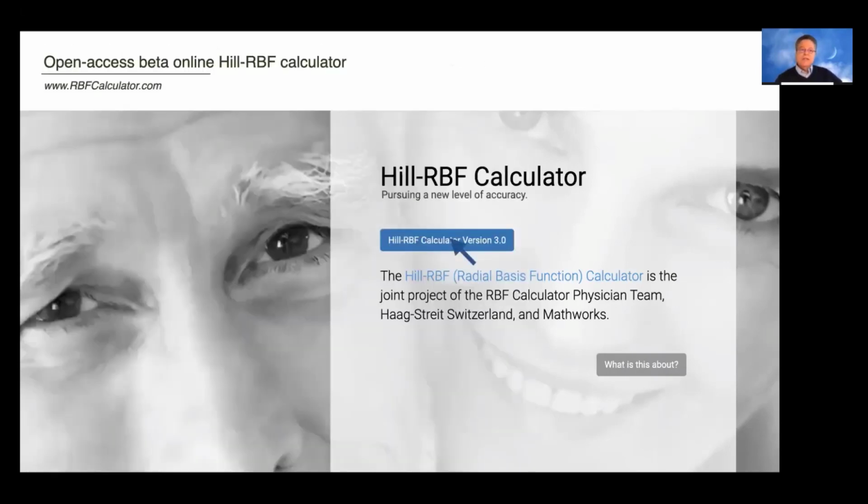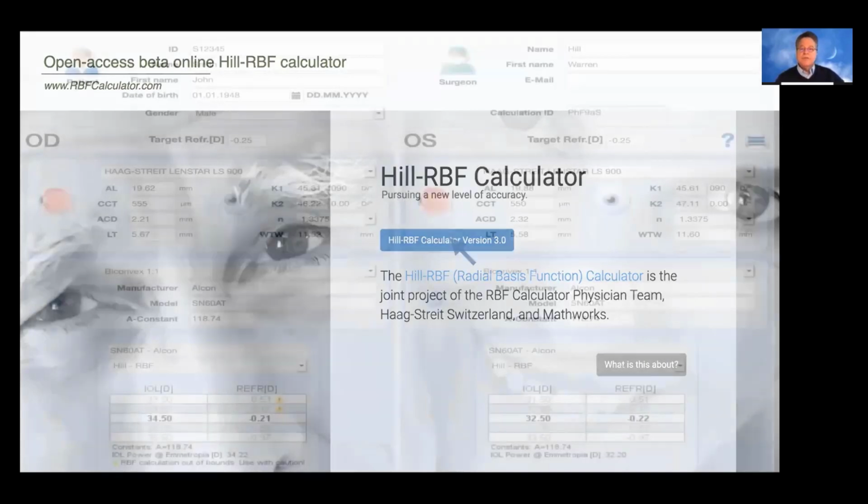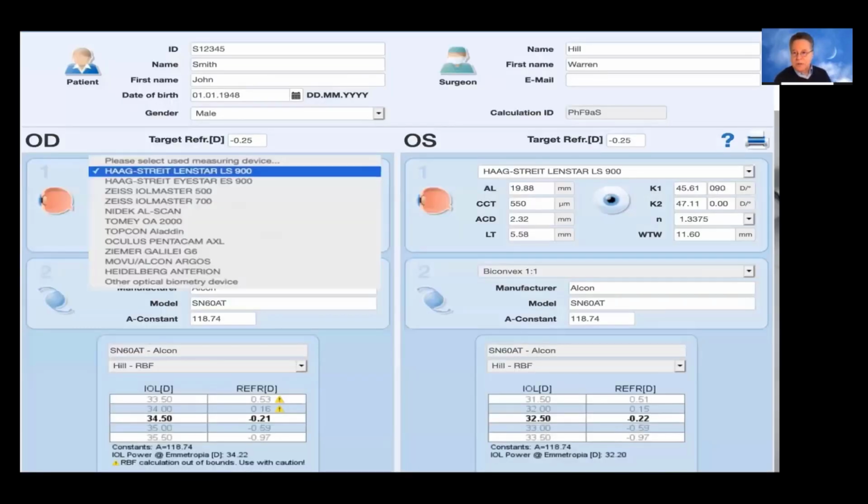You can enter the calculator, and through really enormous generosity on the part of Haag-Streit, they made this available to users of all biometers, not just the Lenstar. So if you have the Movu Argos or Almaster 700, the Tomei OA 2000, or the Lenstar, you can also use this, and it will accept data from those.